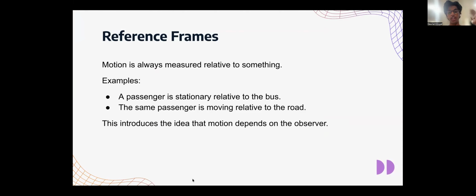But if I'm in a car going 60 miles per hour and there's another car going 70 miles per hour, that car is going 10 miles per hour relative to me. Does that make sense? But if I'm standing still and that car is going 70 miles per hour, now it's going 70 miles per hour. Okay, so that's basically what the reference frame is.